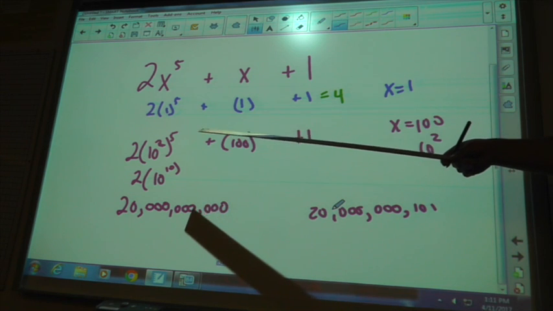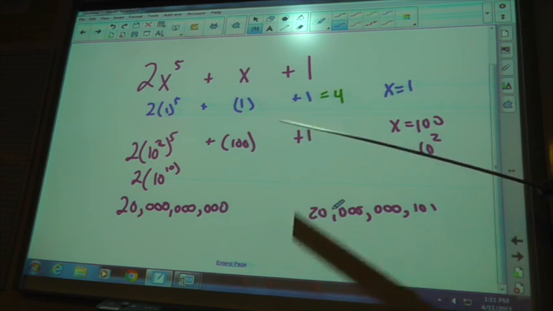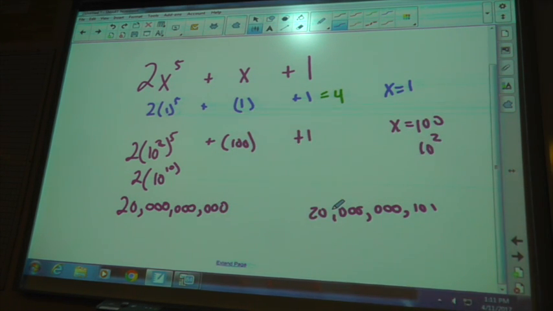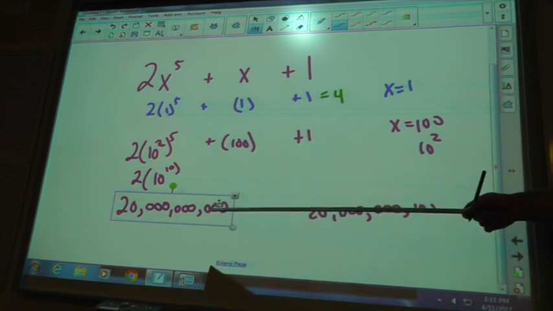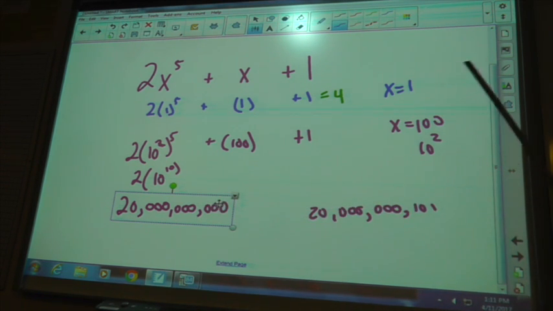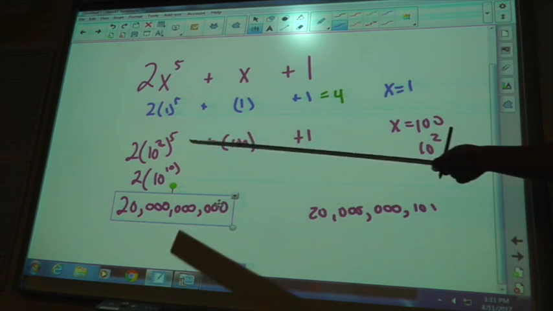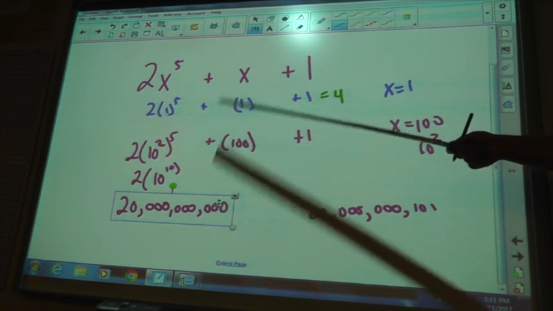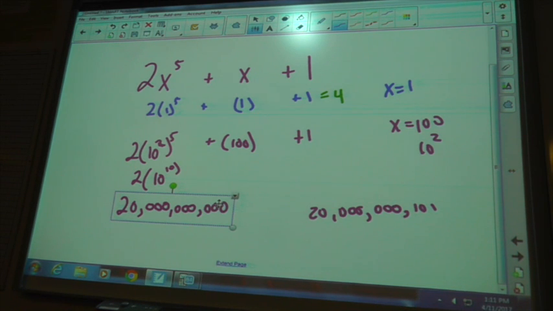And as time goes on, these are going to matter even less and less and less. In some sense, you can approximate this from that one. If I say how much money you're going to have when x equals 1,000, I can say, oh, 2 times 10 to the 15th. This isn't going to matter much.